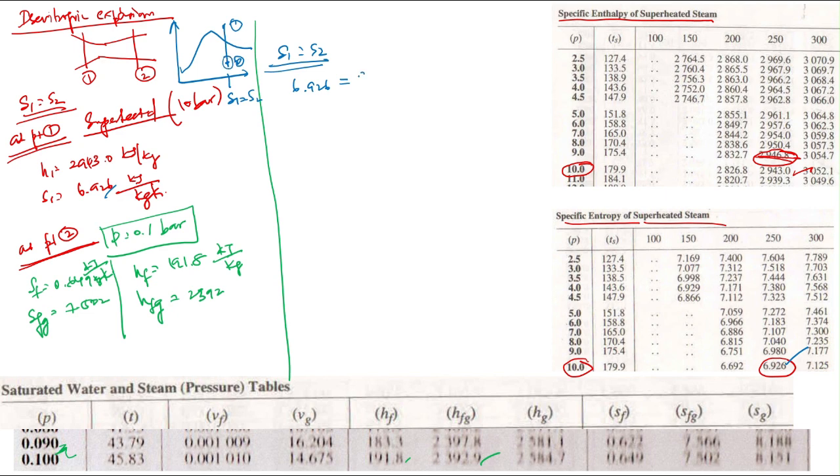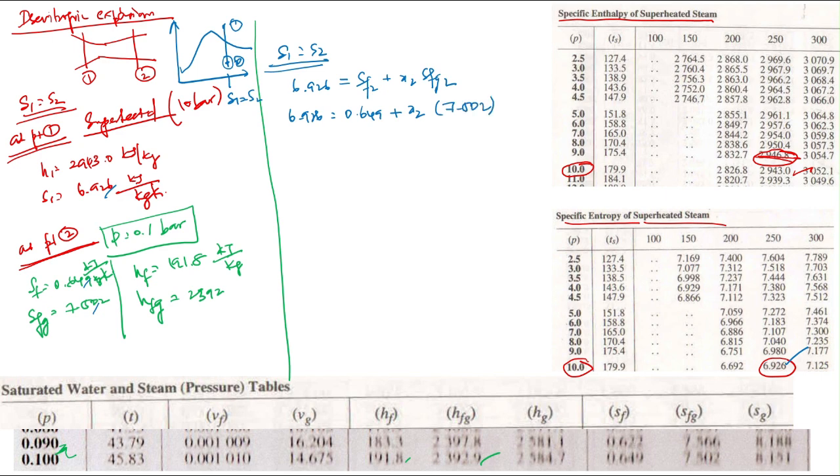So S2 can be written as SF2 plus X2 into SFG2. So 6.926 equals SF2, which we have here as 0.649, plus X2 into SFG2, which is 7.502.